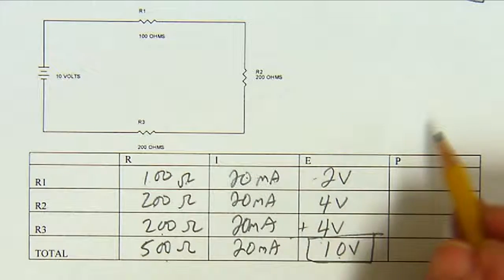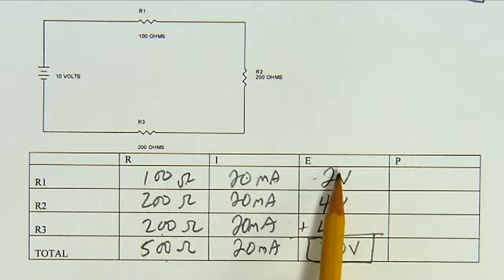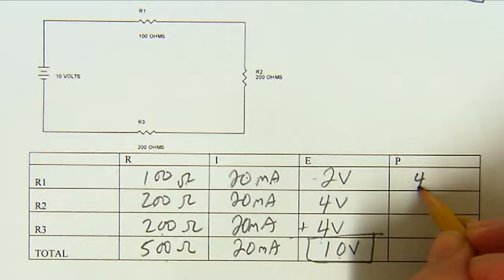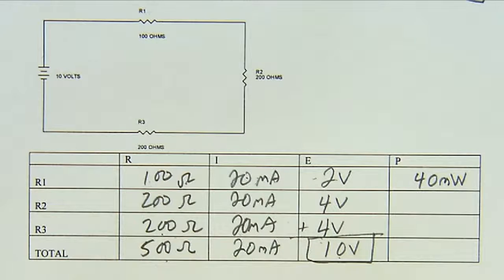Our power, P equals I times E, 2 volts times 20 milliamps, 40 milliwatts. And that's one thing to notice. Using our prefixes, we do want to make sure we know how to enter them in the calculator. But when we start working with them more, we're going to start recognizing things like here I have milliamps times a base unit.